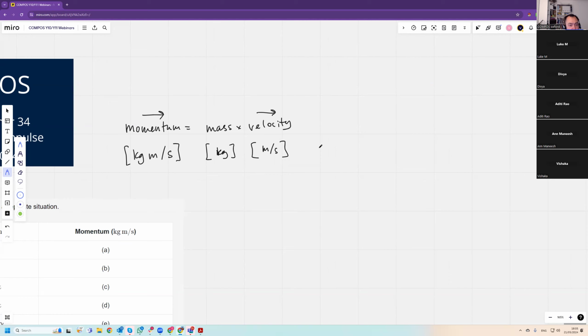Another useful way of thinking about momentum is how difficult it is to stop something. Momentum is the stoppability of an object.